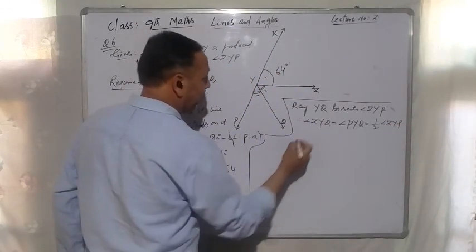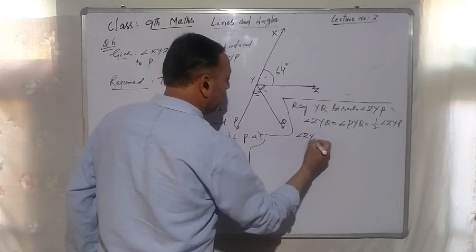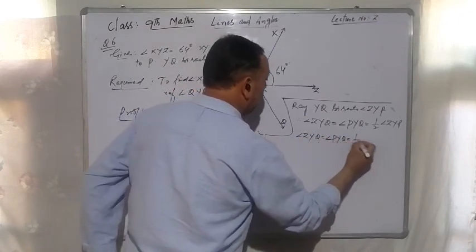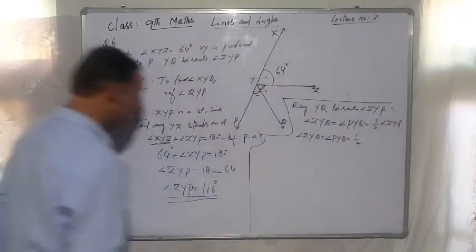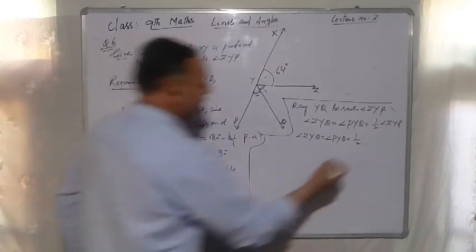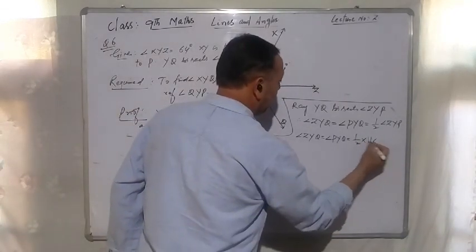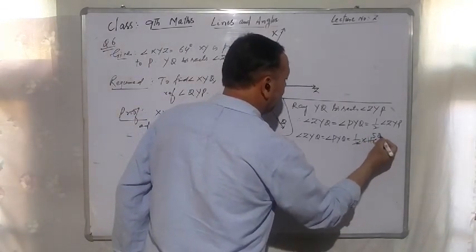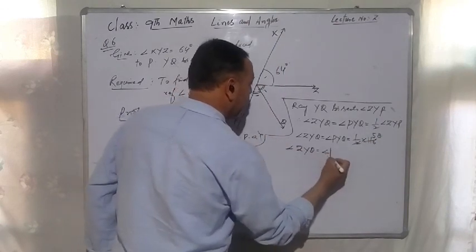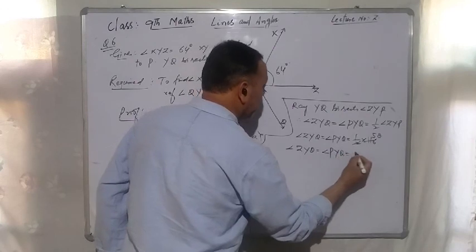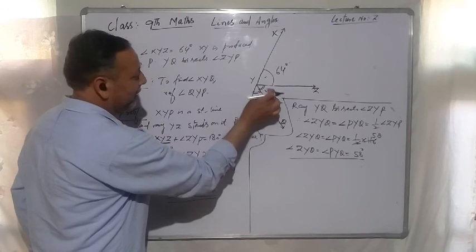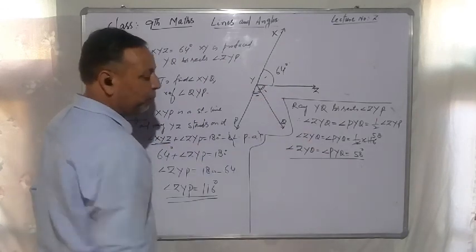Angle ZYQ is equal to angle PYQ is equal to half of angle ZYP. ZYP that we have already found out is 116 degree. So angle ZYQ is equal to angle PYQ is equal to 58 degree. Both these angles measure 58 degree.